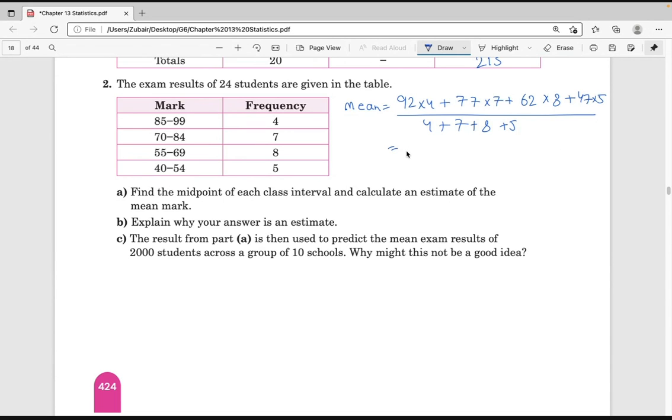So it is your choice how you're comfortable. You draw the table or you write it directly. 77 into 7 plus 62 into 8 plus 47 into 5.